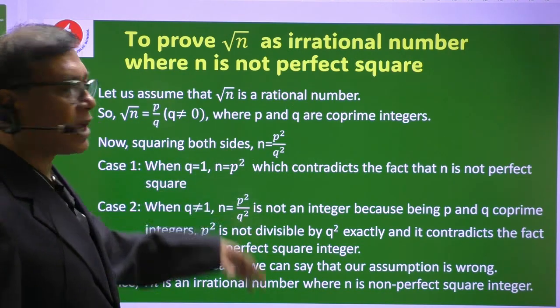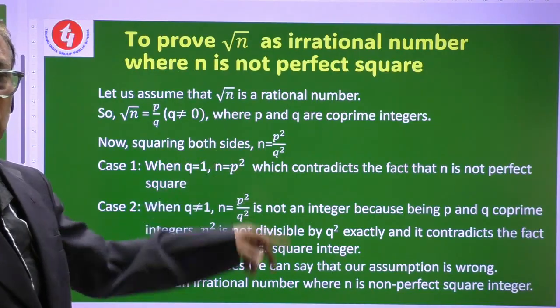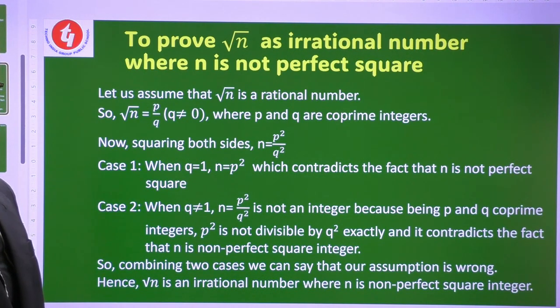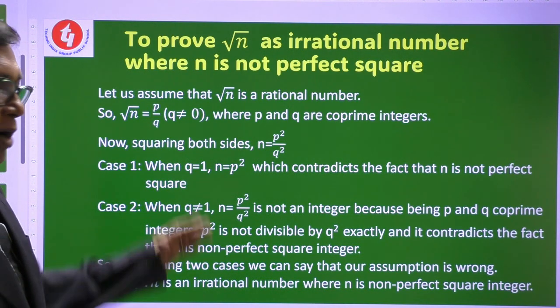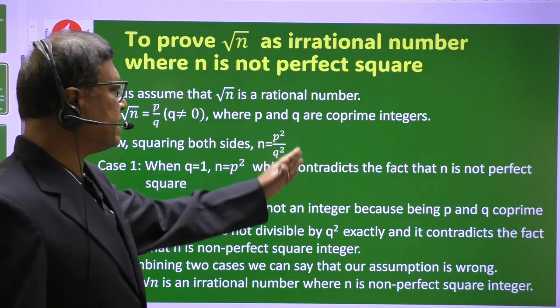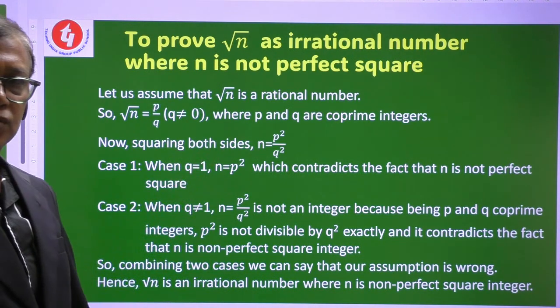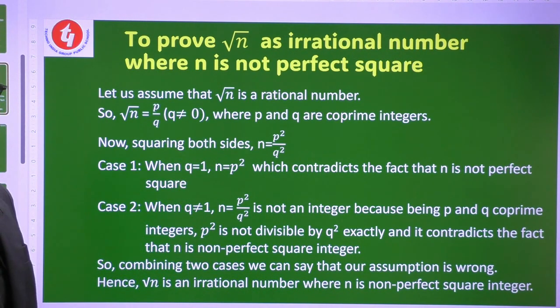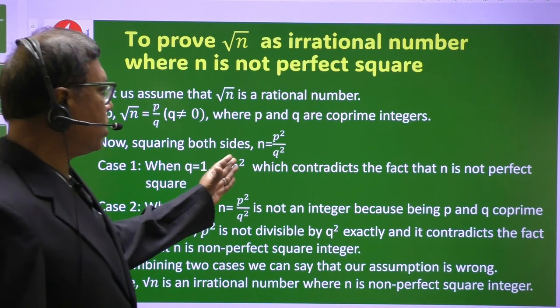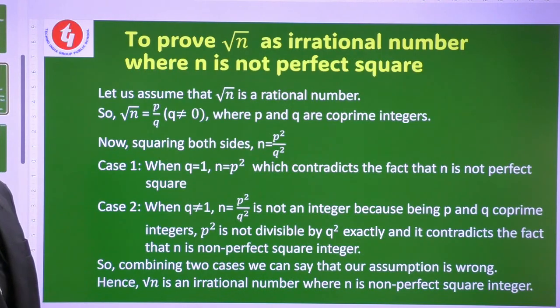Now squaring both sides, what are we getting? n equal to p square by q square. Yes? Now we will consider two cases. Since q is an integer and q not equal to 0, q can be 1 or q cannot be 1. Two cases.